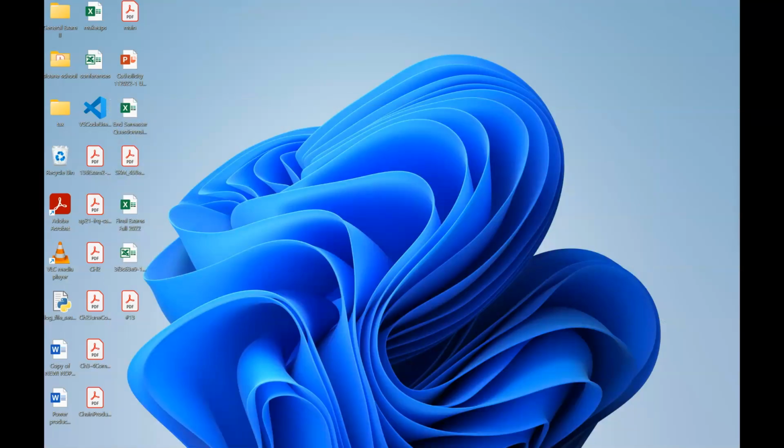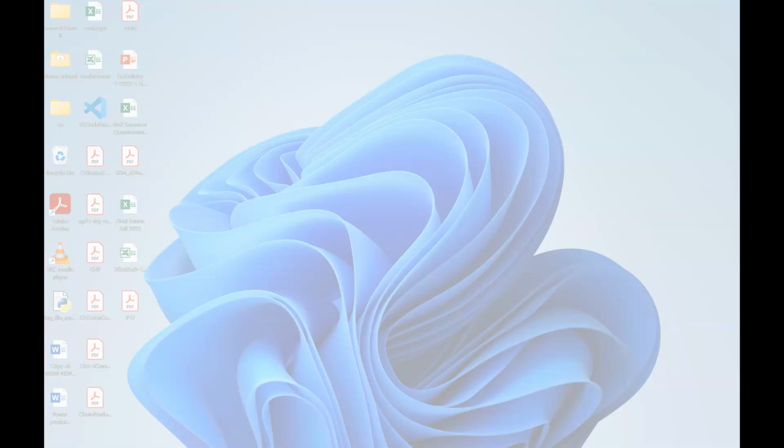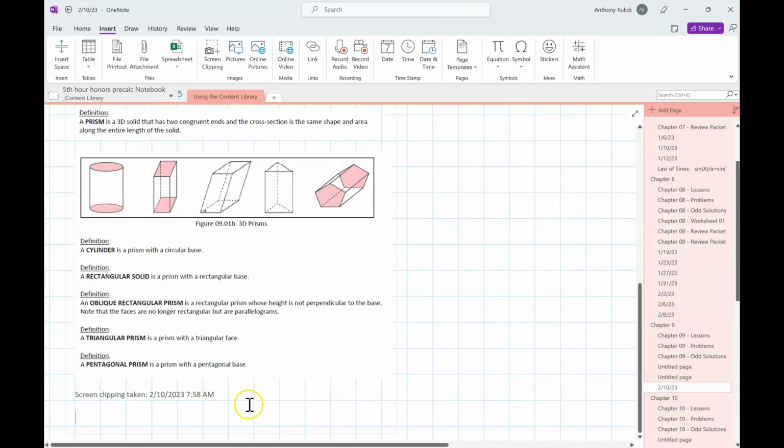Okay, next group of pictures. The object on the far left is a cylinder. This guy here, yeah, rectangular prism, right? Either is fine.